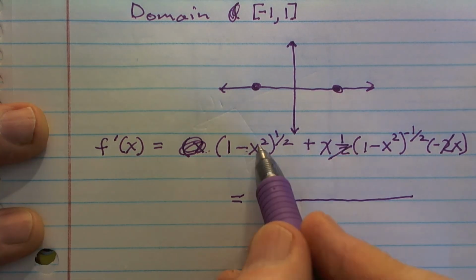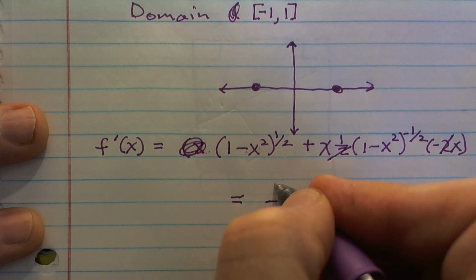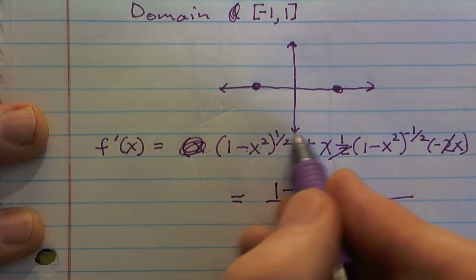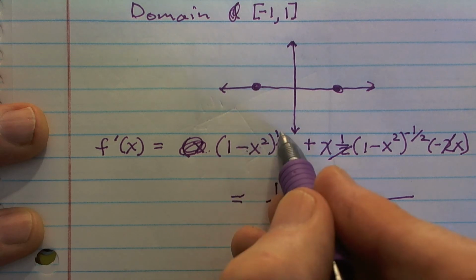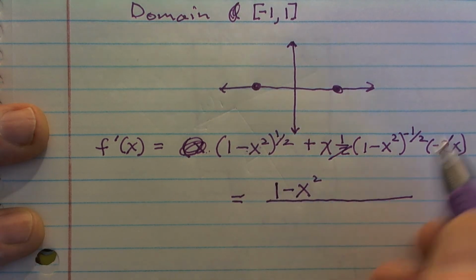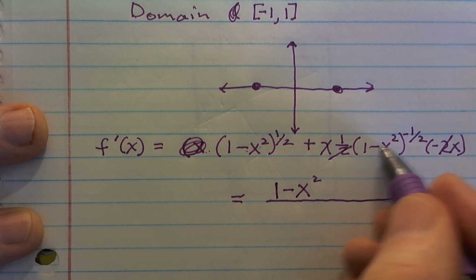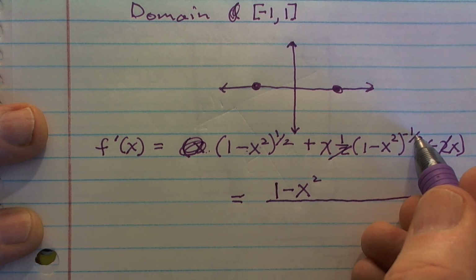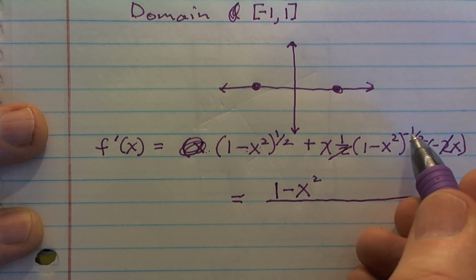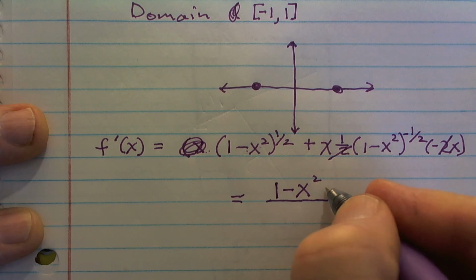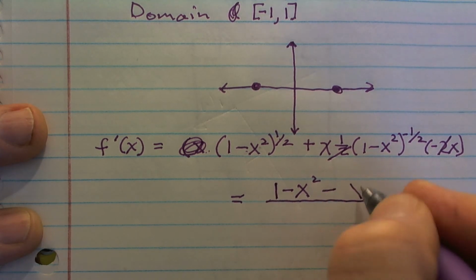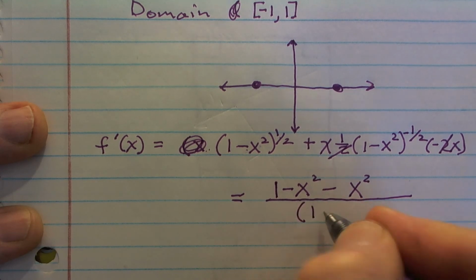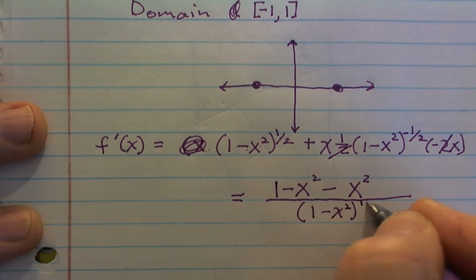Because when I do that here, I'm just going to get 1 minus x squared, because 1/2 plus 1/2 would be 1, so I've got 1 minus x squared to the first power. That's just that. But then when I multiply this by 1 minus x squared to the 1/2, I just get 1 minus x squared to the 0 power. So that's just 1. So what I have now from this whole mess right here is negative x squared. And down here, I have 1 minus x squared to the 1/2.